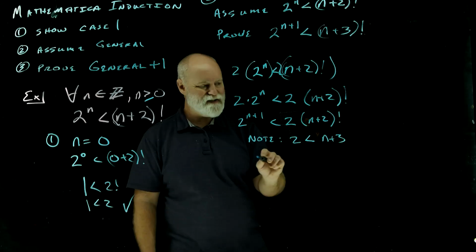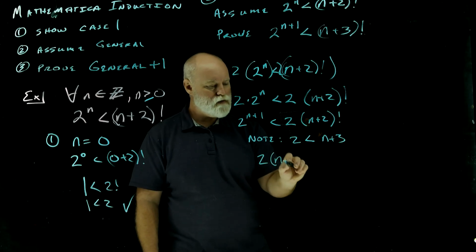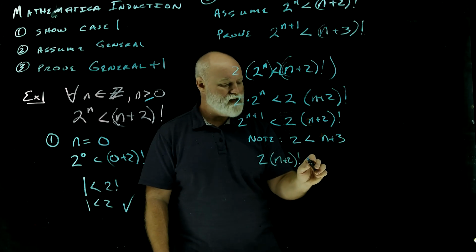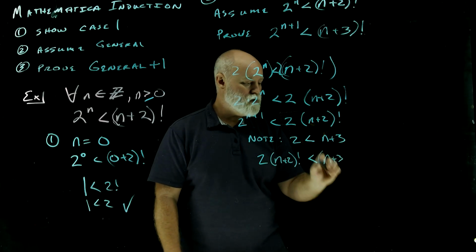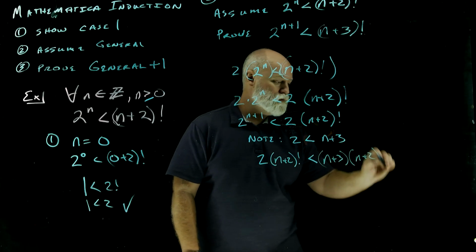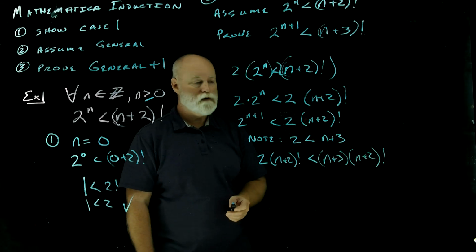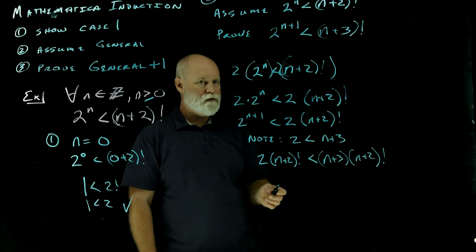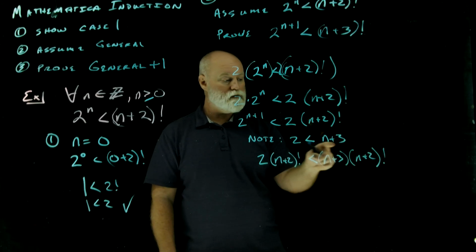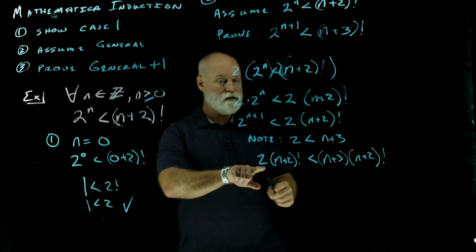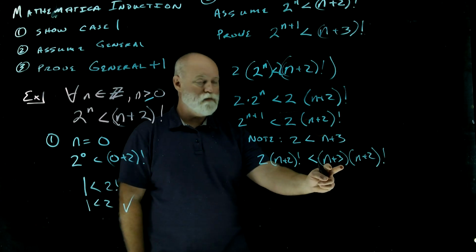So that means that 2 times n plus 2 factorial is going to be less than n plus 3 times n plus 2 factorial. If that was a jump, remember, it's an inequality. So 2 is less than n plus 3, so here's the 2, and I'm replacing the 2 right here with n plus 3 right there.